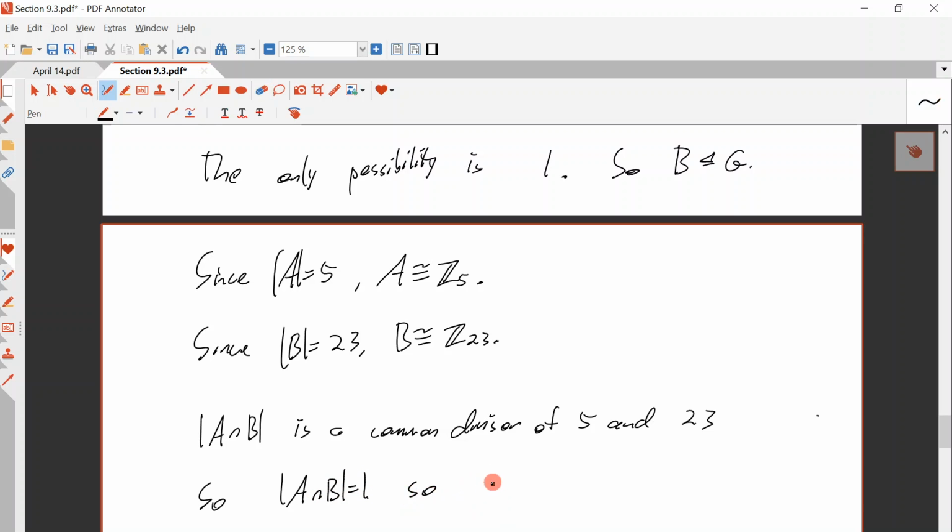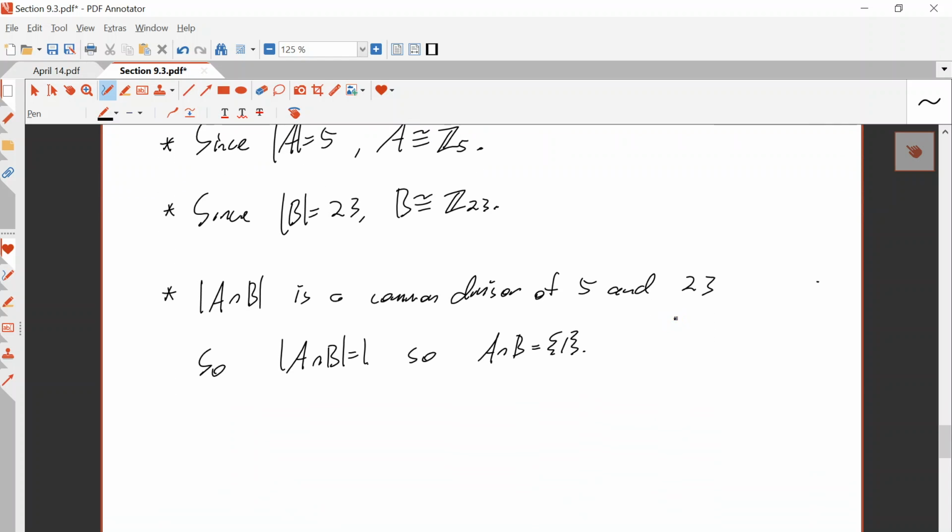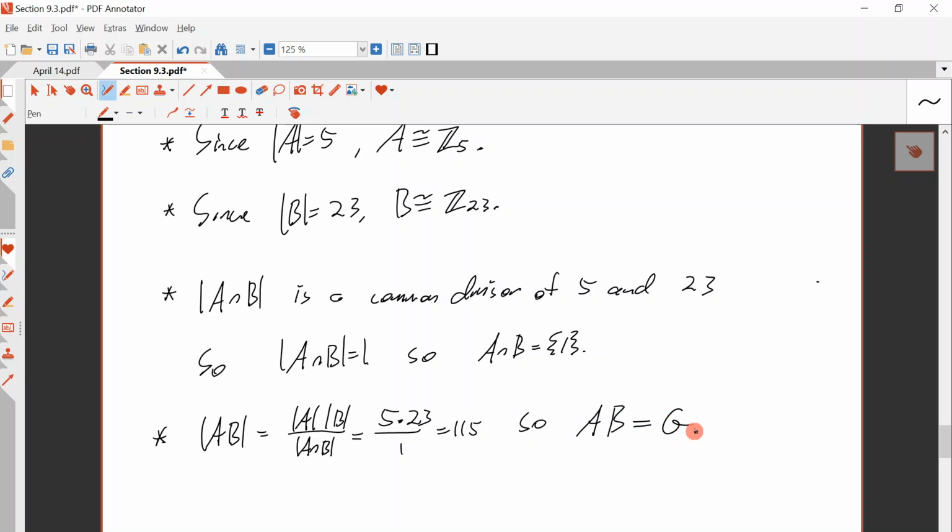So A intersect B is just the identity element. And the order of AB is equal to the order of A times the order of B over the order of A intersection B. So that's 5 times 23 over 1, which is 115. So the product of those two subgroups is all of G.